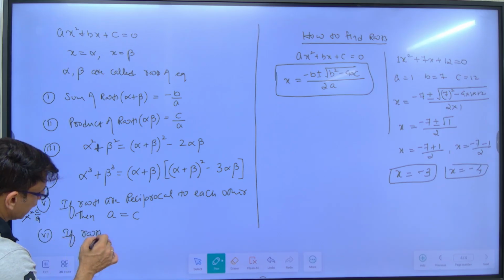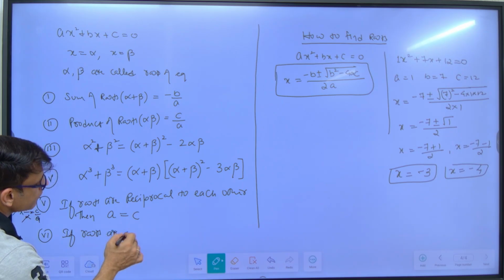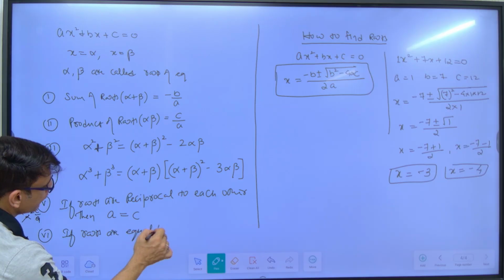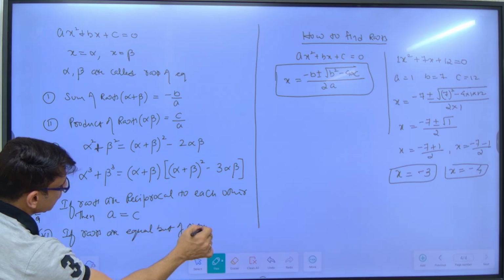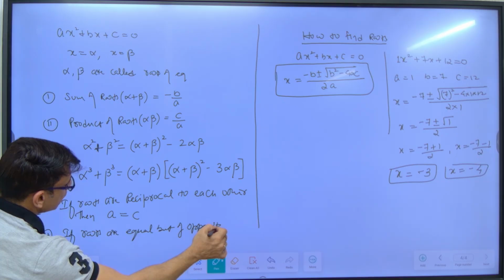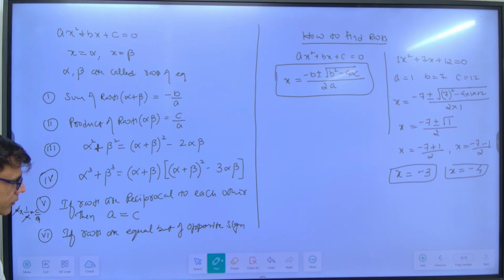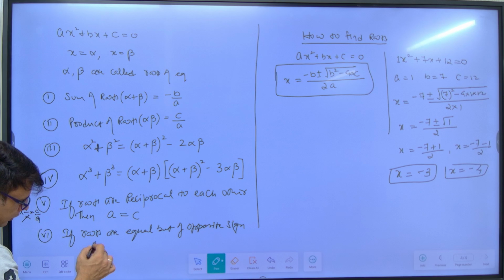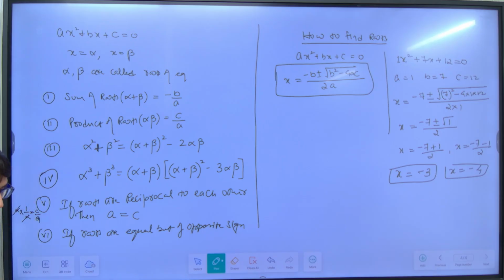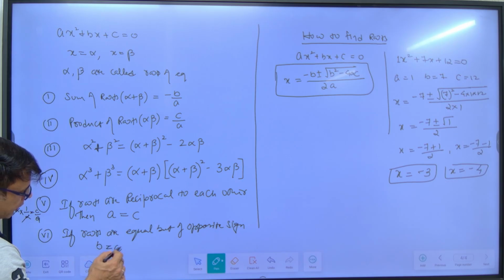And if roots are equal but of opposite sign, in that case b will be equal to 0.